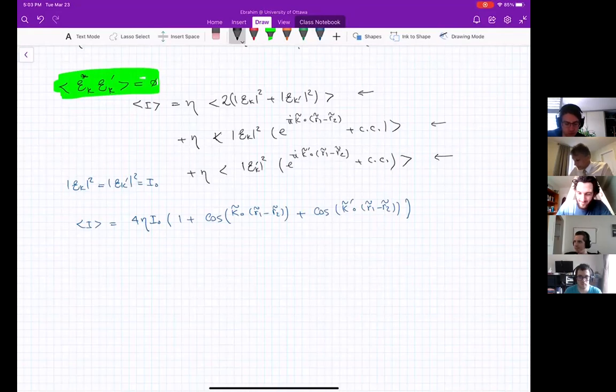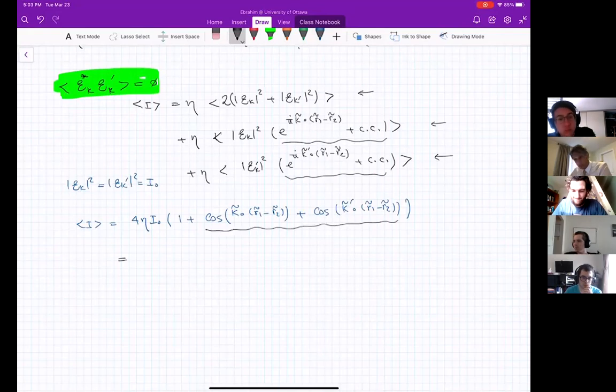Good. So now I think it's clear that this is a cosine with a factor of 2, and that is also a cosine with a factor of 2. One of them has a k, the other one has a k prime. All right. Now, if we do a little bit of mathematics, when you deal with two cosine terms which are not identical, we can always simplify them into a product of two cosines.